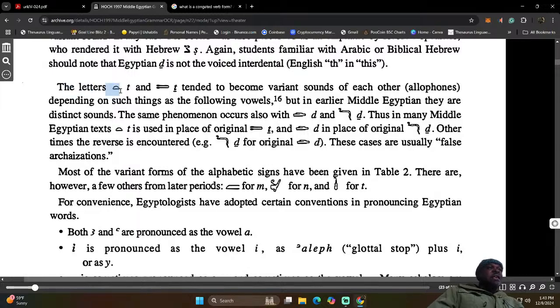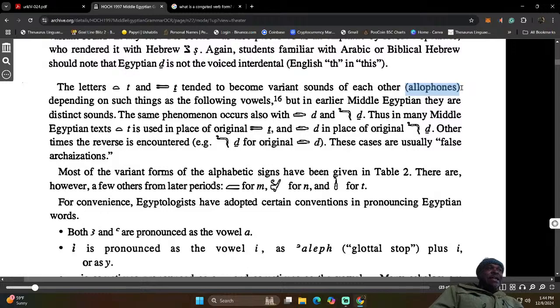The letters T and TCH tended to become variant sounds of each other. These are called allophones. So let's talk about it. When some of us say Medu Netter and others of us say Medu Netcher, this qualifies that we're both right.